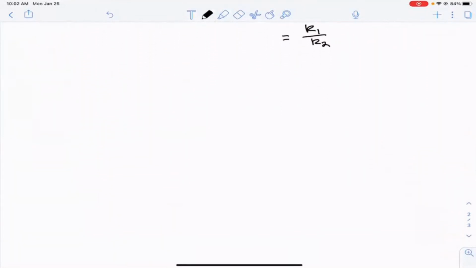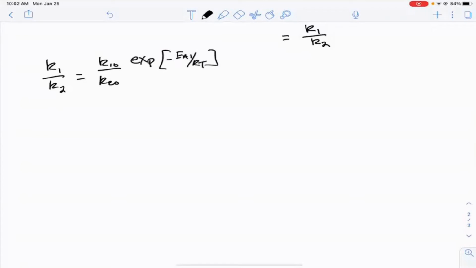Well, we could do this the same way we talked about in the previous lecture for yield, that we know that K1 over K2 is just equal to K10 over K20 times the exponent of minus the activation energy for reaction 1 over RT divided by the exponent of minus the activation energy for reaction 2 divided by RT, right?